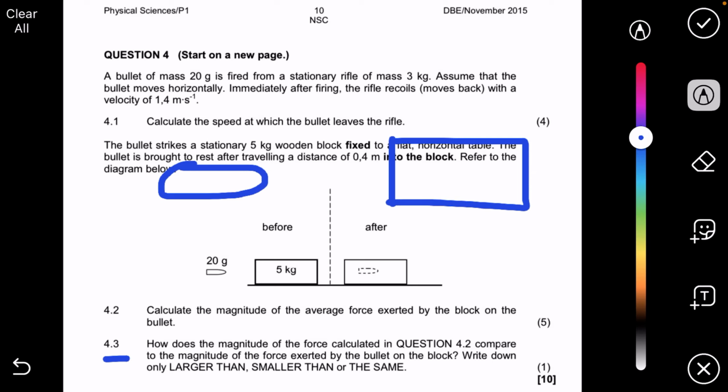It's a straightforward question. What matters most in this case is that this object is traveling in that direction and is going to hit that block.